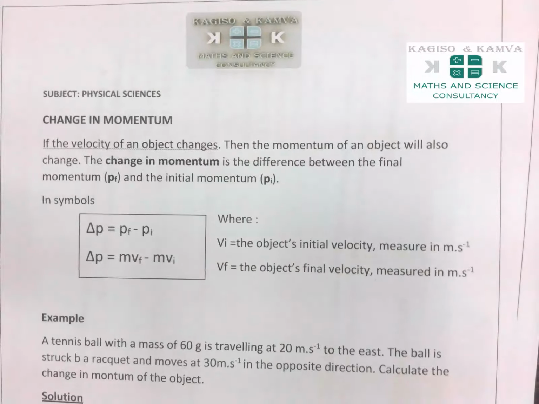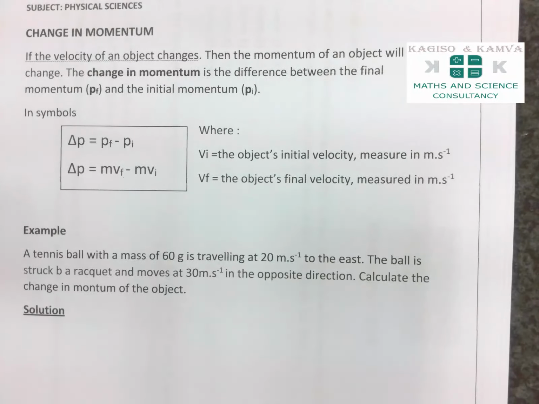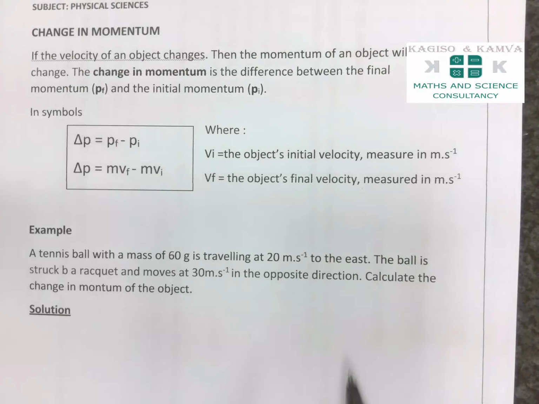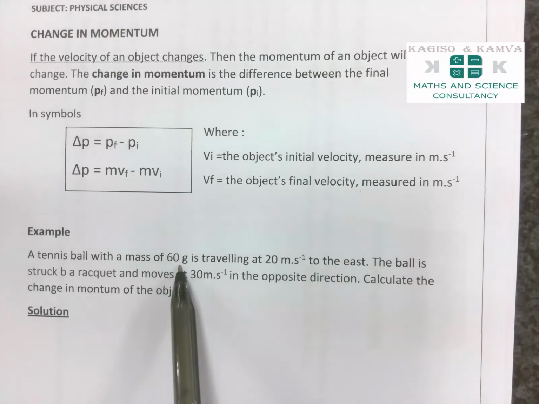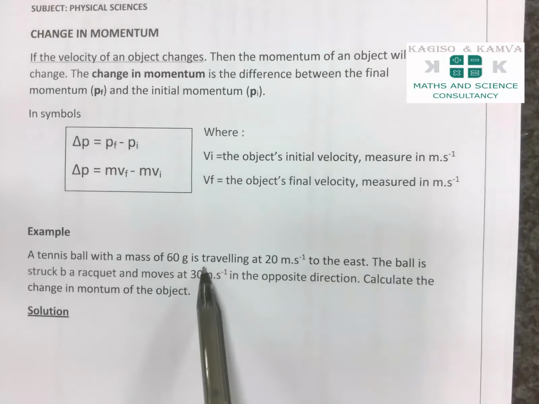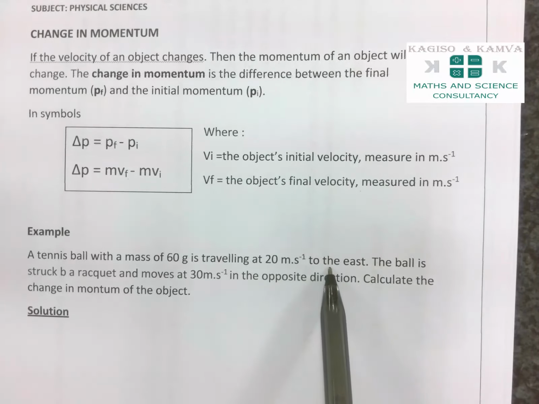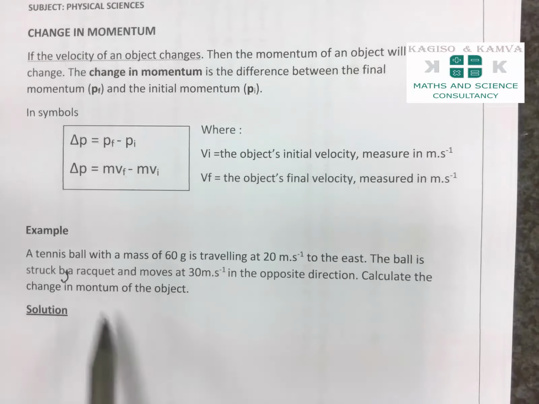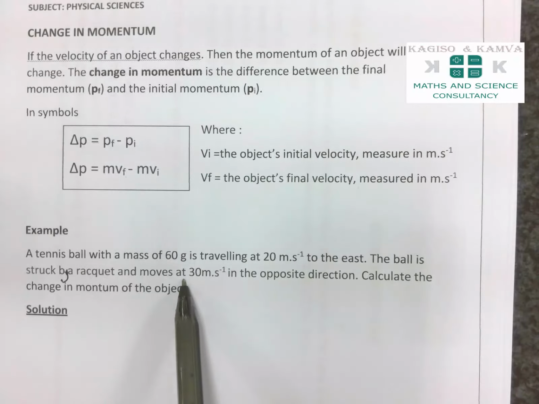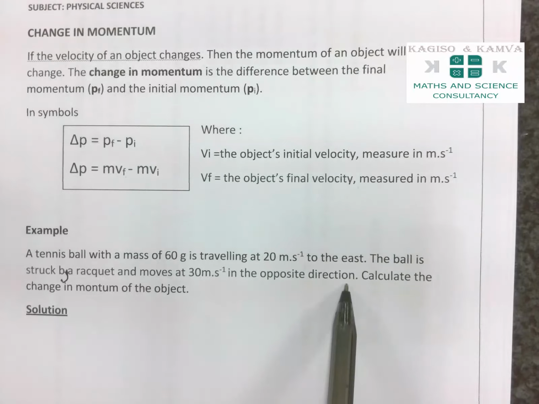Now let us look at an example where we are asked to calculate the change in momentum of the object. A tennis ball with a mass of 60 grams is traveling at 20 meters per second to the east. The ball is struck by a racket and moves at 30 meters per second in the opposite direction.